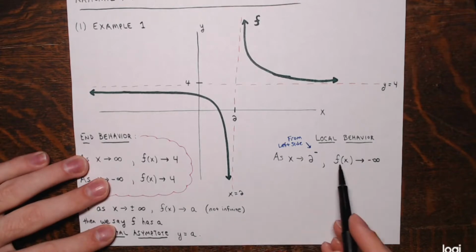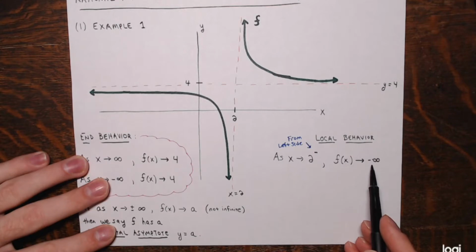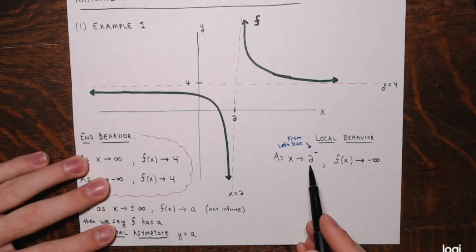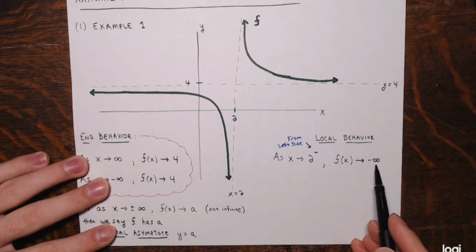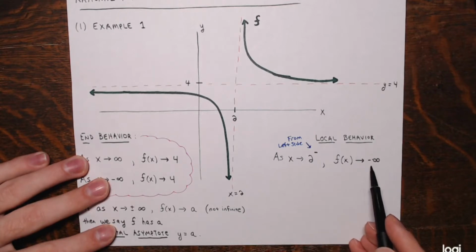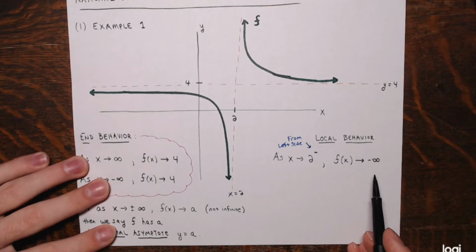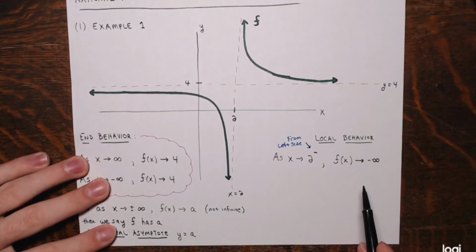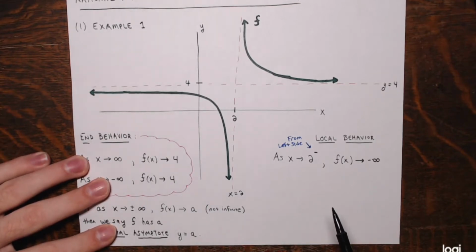And if something like this happens, if you approach a value from either the left side or the right side, and the function's going to infinity or negative infinity, then they would say that there's a vertical asymptote at x equals 2. Right, but that's only if the graph is approaching infinity or negative infinity around some value, right, around x equals 2 or 3 or whatever.